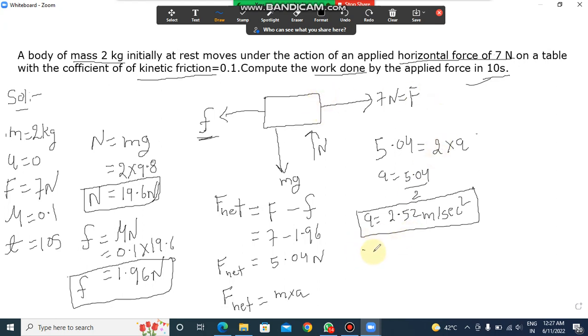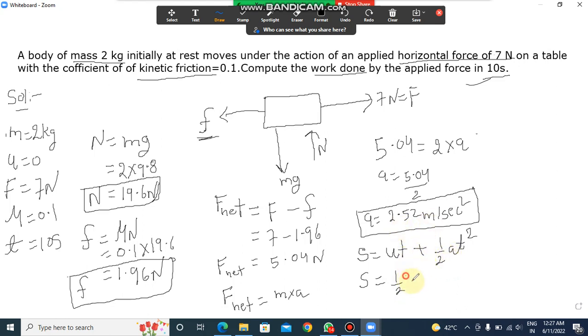We have a motion equation, so we can take S equals ut plus half at square. We know u is 0 because the body was initially at rest, so this part will be 0 and we don't have to write it. It will be now half a.